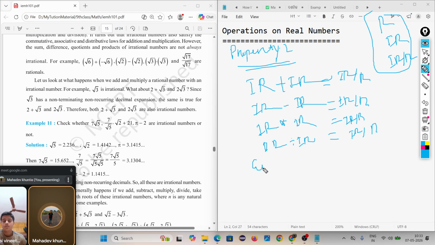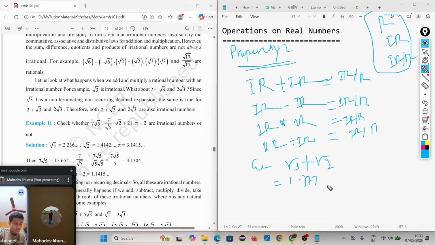Look, suppose I am taking one example: root 3 plus root 2. What is the decimal expansion for root 3? 1.732. And root 2 is 1.414. If you add, your result is 3.146 and so on, dot, dot, dot.